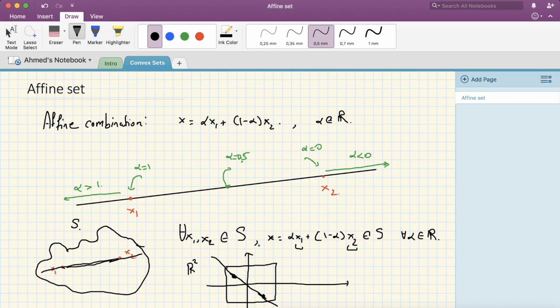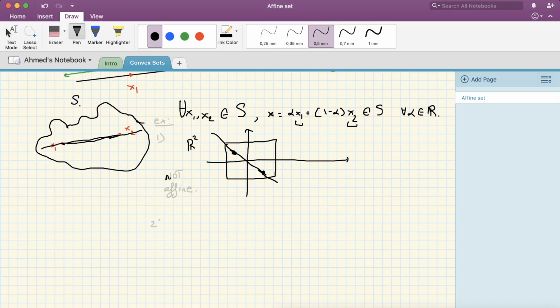You're not going to add an entry, and you're not going to end up in a complex set. If you add 2 numbers, they're indeed in R. But there is a formal proof for that, which I'm not going to prove here. So this is not affine, and R square is affine. We discussed it geometrically.